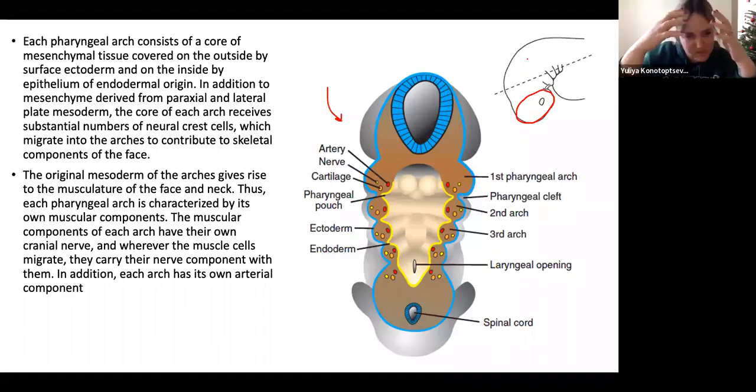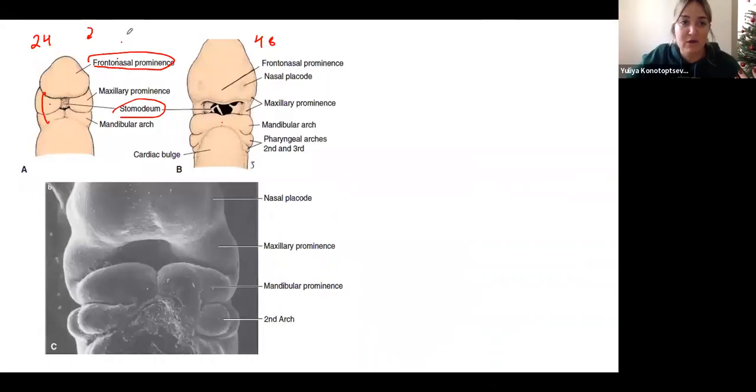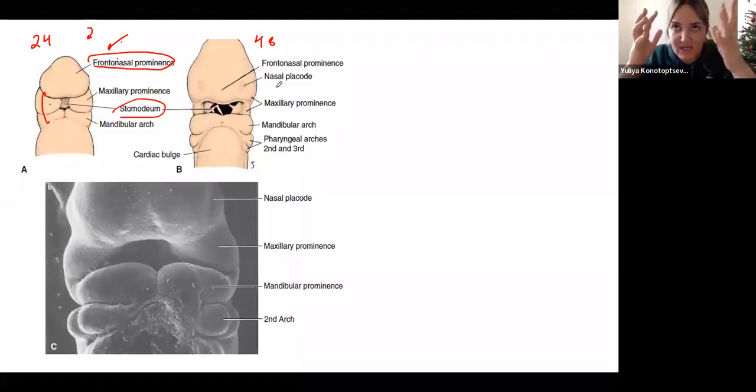It provides pillow-like protection of the brain until the skull develops at later stages, because this is still very early, day 24. There is no skull, there is no bone there, but we still need to protect the developing brain somehow. This is where the frontonasal prominence comes in. All of this mesenchyme is going to be surrounding the brain, cushioning it and protecting it from all kinds of damage.